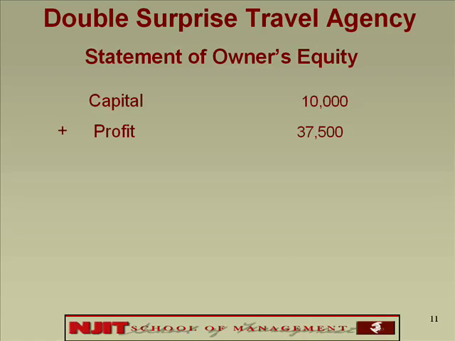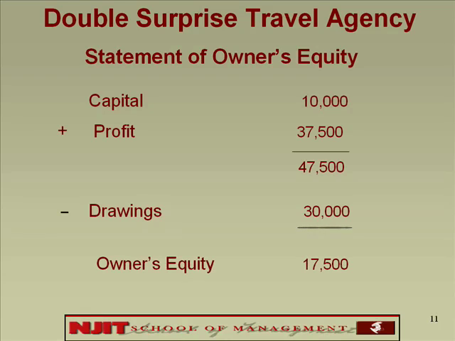So add profit, 37.5. You got this from the income statement. So in total, owner's equity is 47.5, less money they pulled out for personal use, which is drawings of 30,000, gives you equity of 17,005.